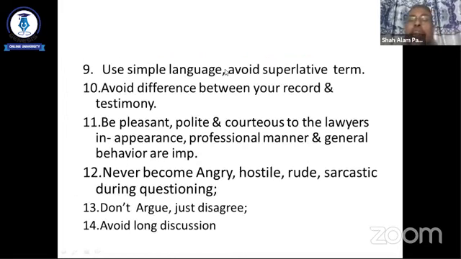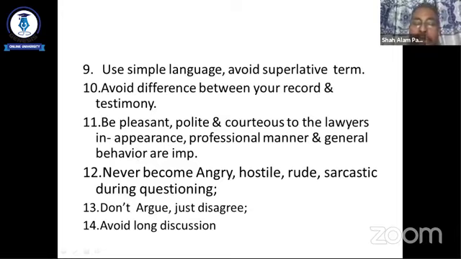Use simple language. Avoid superlative terms. Avoid differences between your record and testimony; what you say should not differ from your record. Be pleasant, polite and courteous to lawyers; appearance, professional manner and general behavior are important.